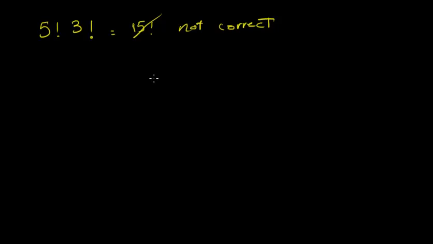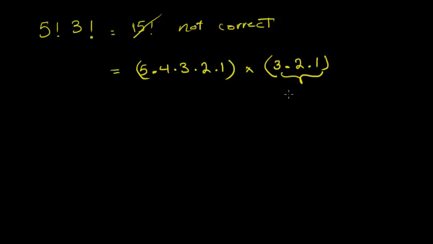The correct way to solve this problem is to write out the factorial, which is 5 times 4 times 3 times 2 times 1, and then multiply it by 3 factorial, which is 3 times 2 times 1. So we know that 3 factorial equals 6, and 5 factorial equals 120.